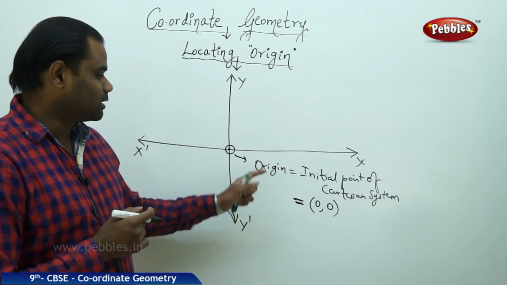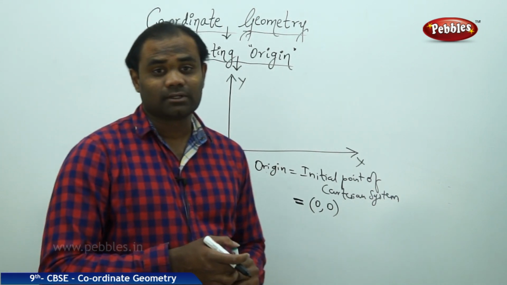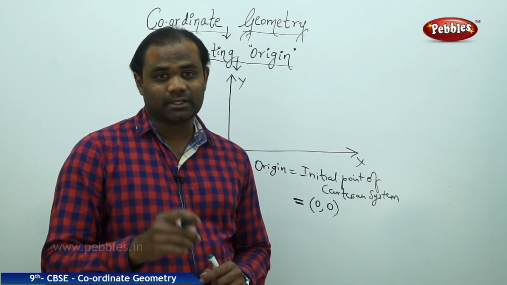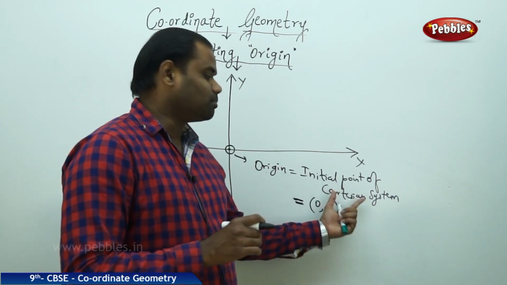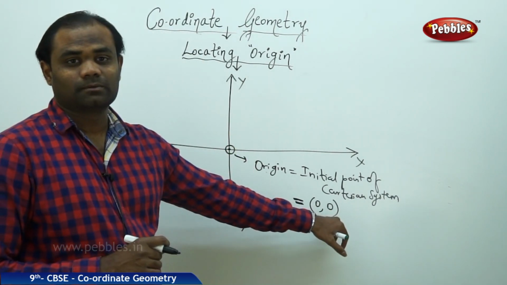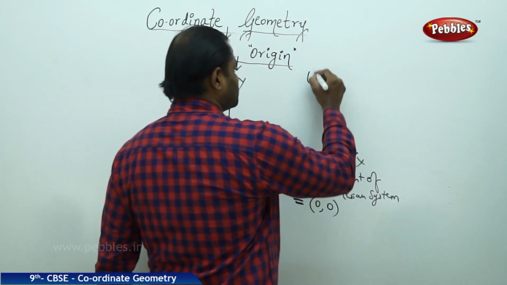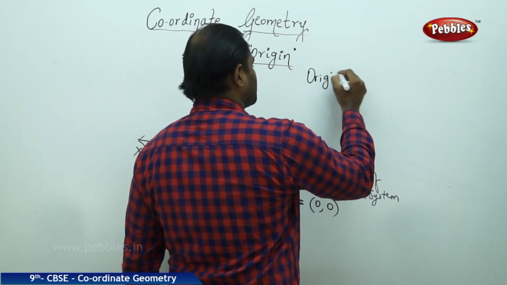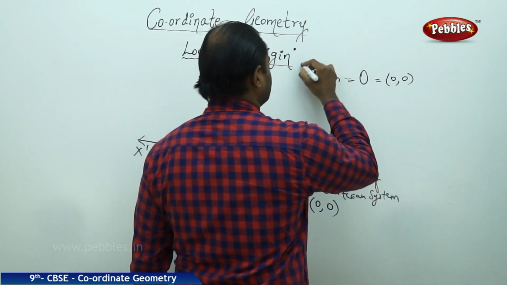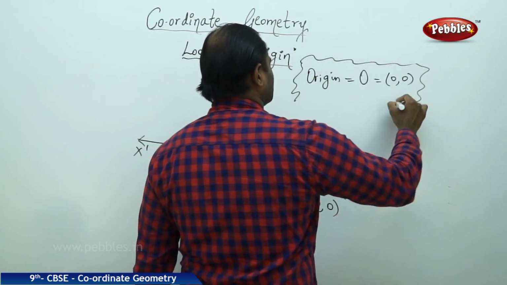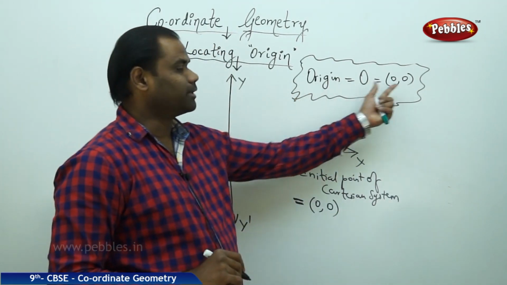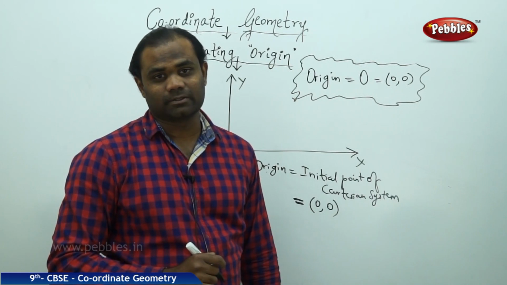That is how we understand the origin as connected with the Cartesian system. Origin in mathematics is the root cause, the initial point in the Cartesian system, and its coordinates are (0, 0). We denote the origin by capital O and its coordinates being (0, 0) is how we define the origin in mathematics.